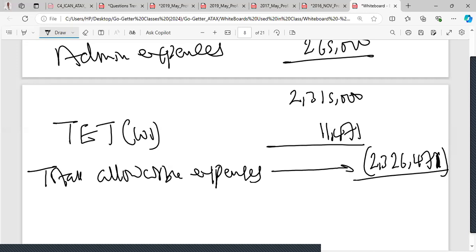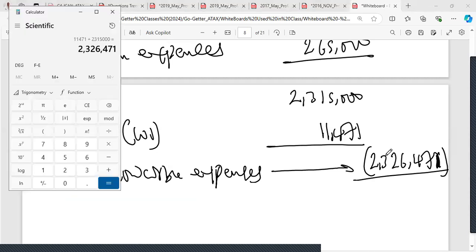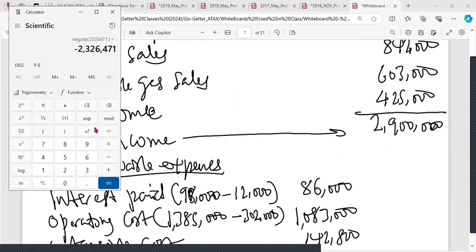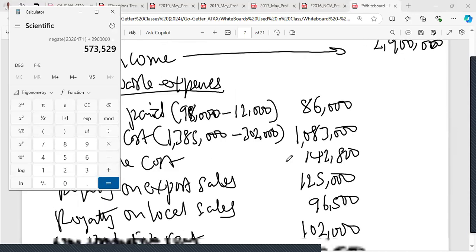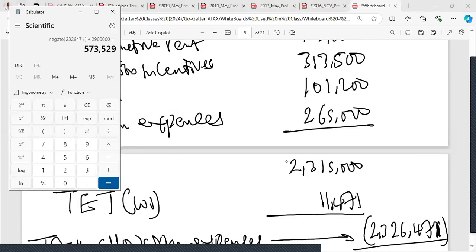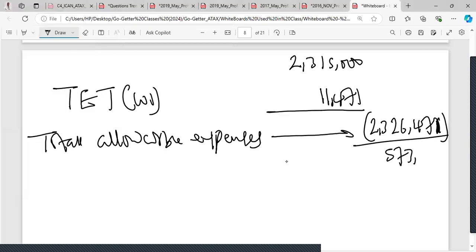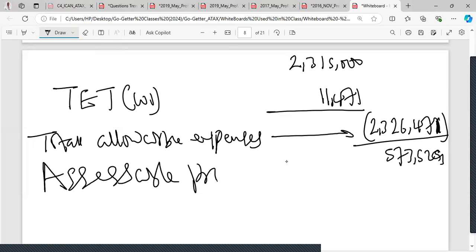So when you less it from your gross profit, 573,529. So this is your assessable profits.